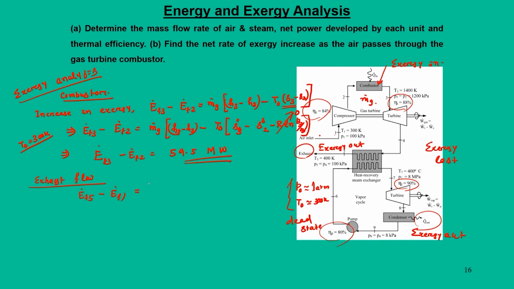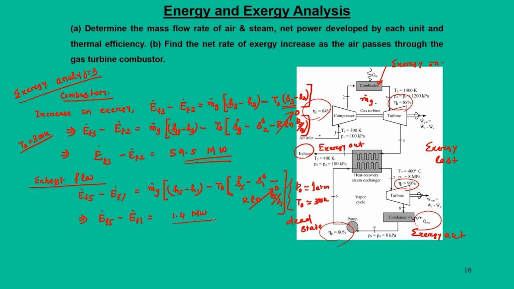You can write it in this form: m dot g into H5 minus H1 minus T0 into S5 0 minus S1 0 minus R ln P5 by P1. This term vanishes because P5 and P1 are equal, atmospheric. So, E dot F5 minus E dot F1 is equal to 1.4 megawatt.